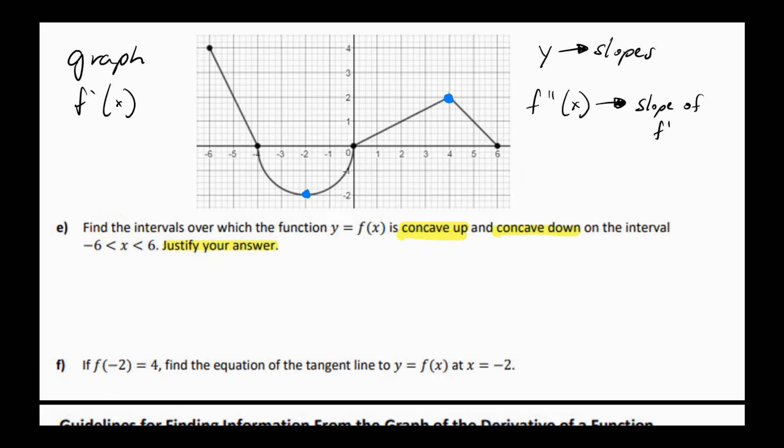The second derivative, the second slope, right, is positive. It's concave up. If the second derivative is negative, it's concave down. That's my justification right there. The reason I write it down is because it helps me, because now I know what I'm looking for.